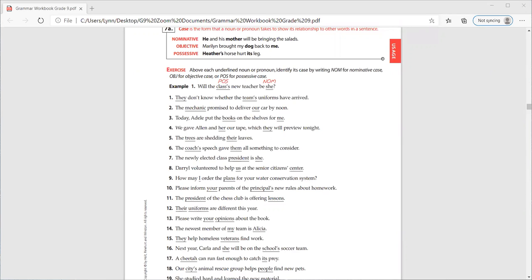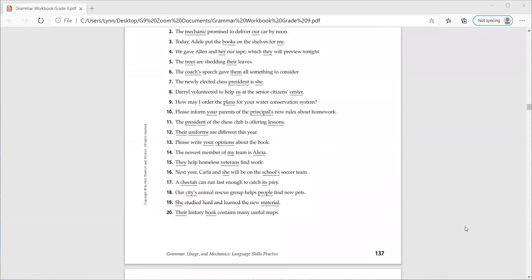All right, 11 through 20. Let's see. Debelina, would you do 11 through 20, please? Yes, Miss. Okay. Number 11, president is nominative and lessons is objective.